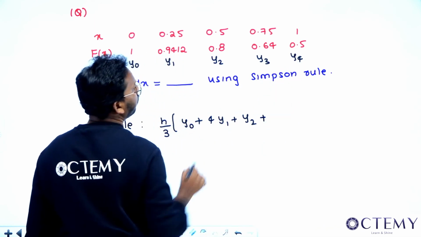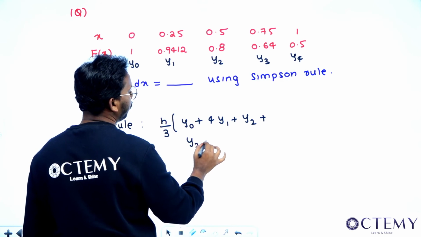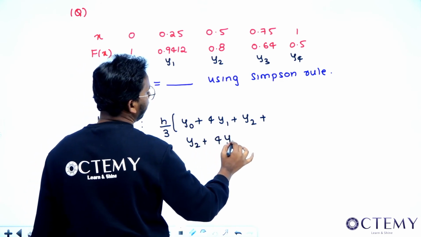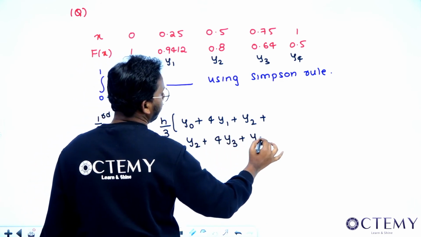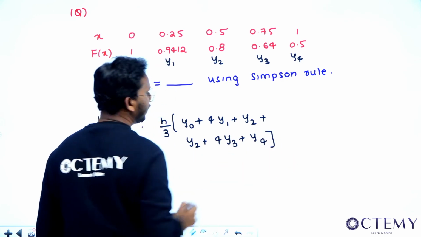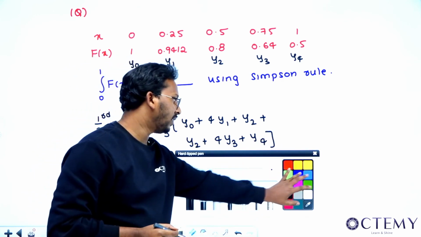So y0, y1, y2, again y2, 4y3 plus y4. You better remember like this, sir. You will not forget. That's why it's called the 1/3 rule.